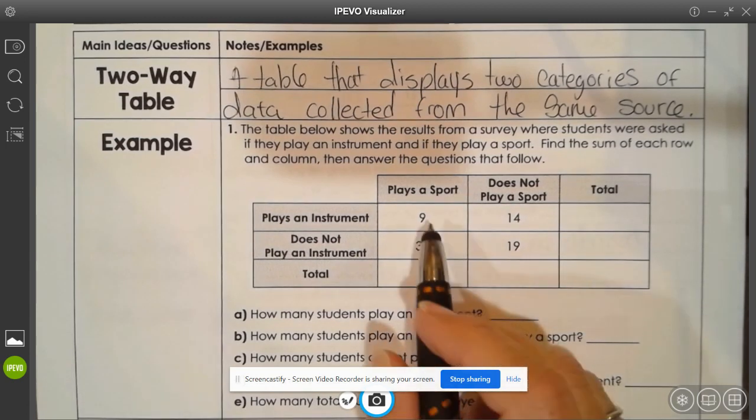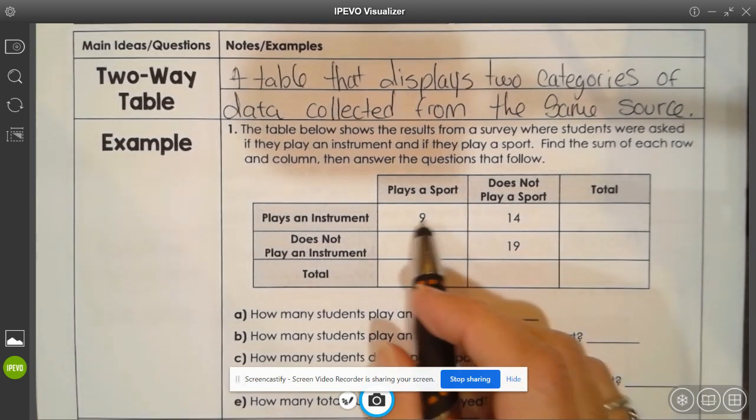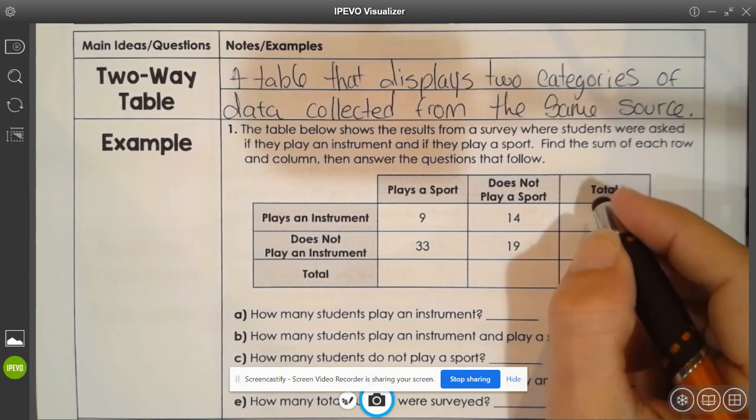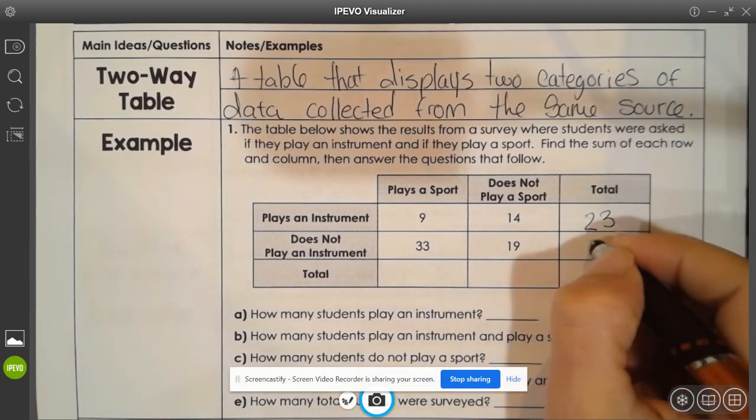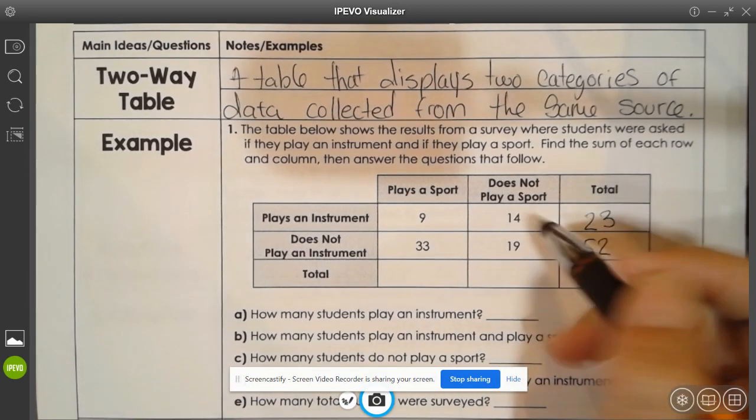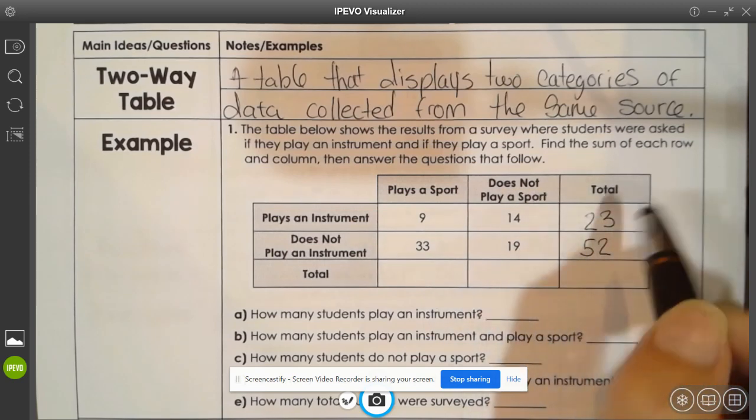First one, well, this way is 9 plus 14, that is 23. Now the next one, 33 plus what? 19. How much is that? That is 52. Now let's find the totals this way then.